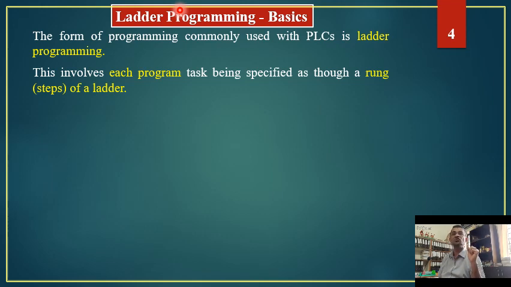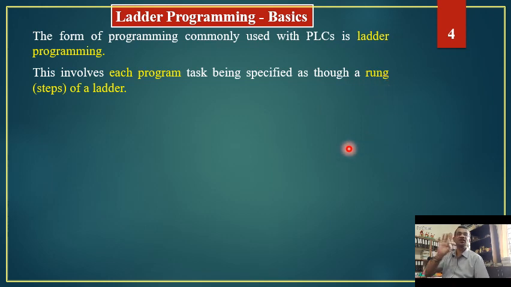As we know, in each ladder there are two main supporting beams, which are then connected horizontally by different rungs. So this ladder programming involves each programming task being specified through a rung.